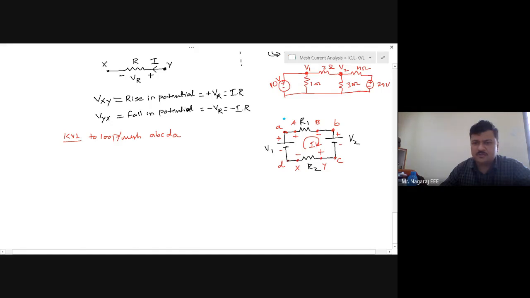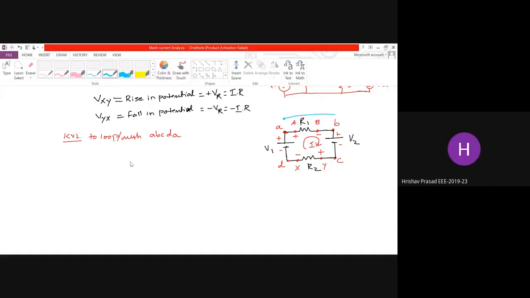When I trace R1 from A to B, with terminal A positive and terminal B negative, R1 experiences a fall in potential from A to B.